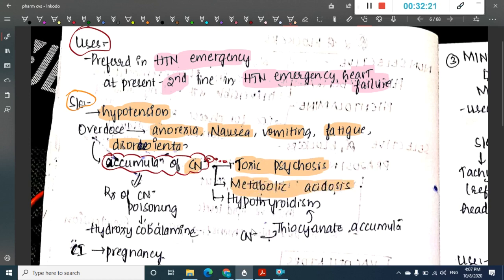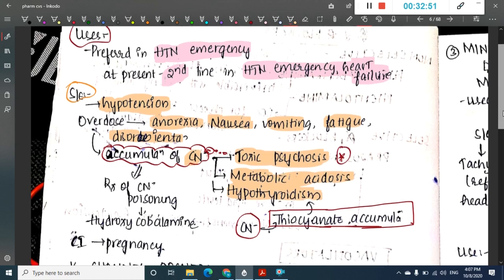This cyanide which is accumulated will combine with the sulfur groups and lead to the formation of thiocyanate. What does this thiocyanate do? This will decrease or inhibit the thyroxine hormones, and as a result it causes hypothyroidism. So these are the very important side effects of sodium nitroprusside. What are they? They cause toxic psychosis, metabolic acidosis and hypothyroidism.